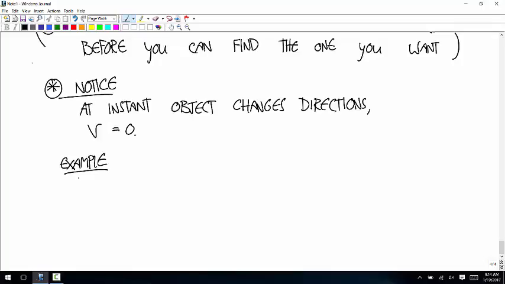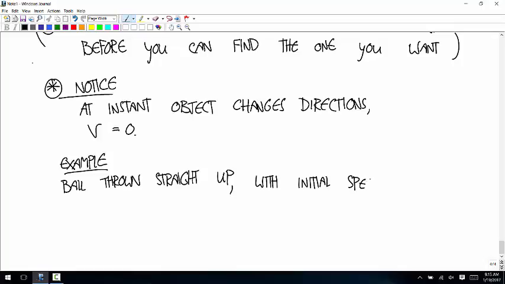Okay, so let's say that a ball is thrown straight upwards with an initial speed of 10 meters per second.